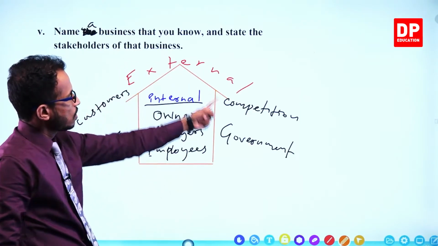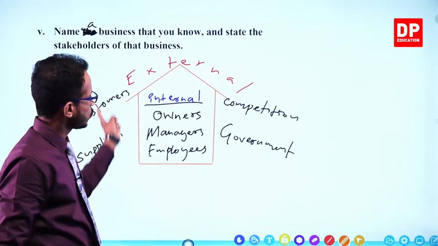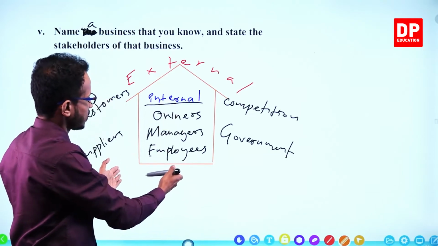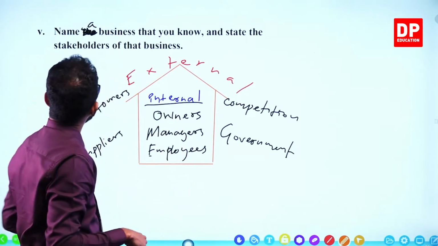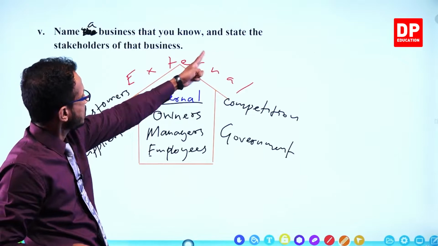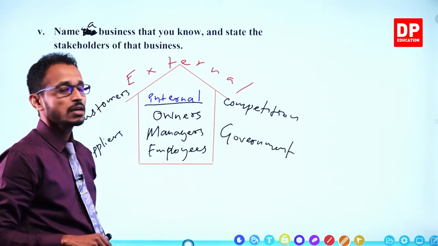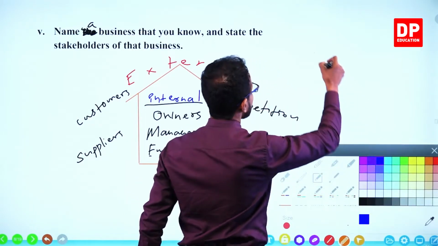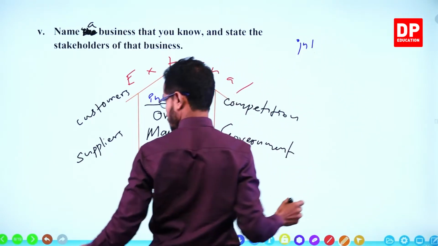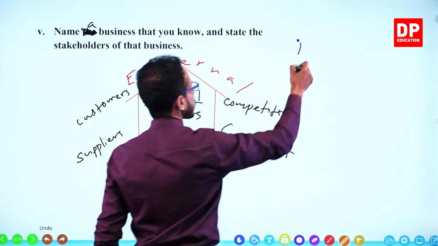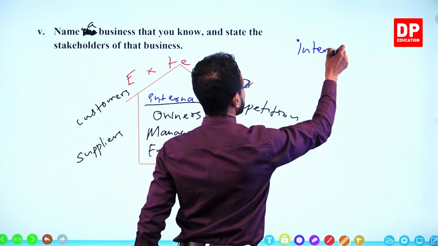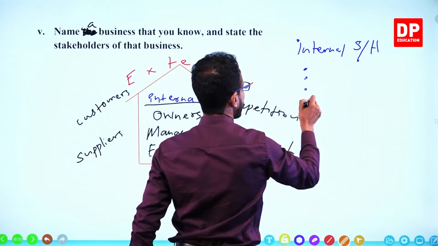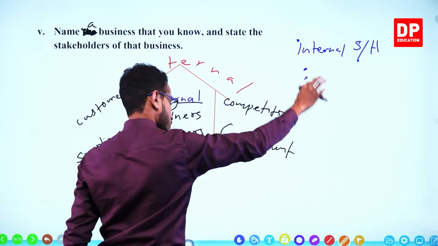But when you provide your answers, you don't have to draw a business and a sketch like this. You don't have to do it. You can just name the stakeholders as a list. Just like this, you can write internal stakeholders and list down their names.